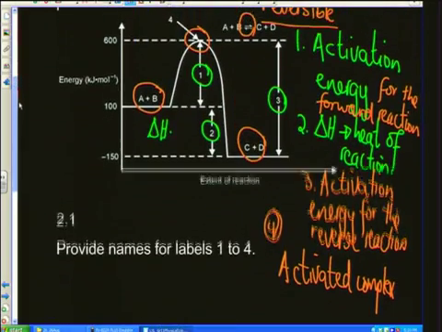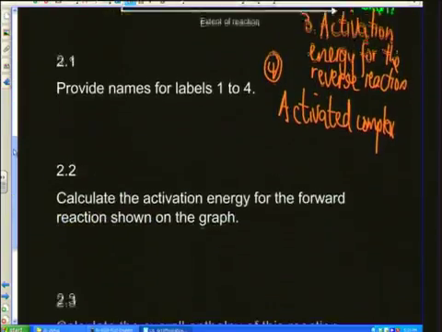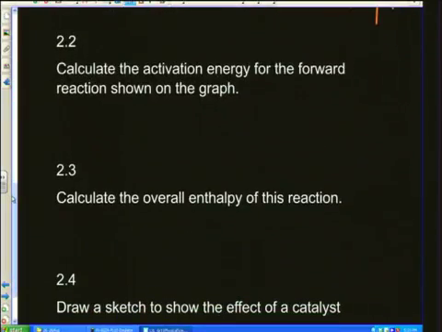Now look at it. Activation energy, reactants start from there, activated complex at 600. So the activation energy is equal to energy of the activated complex minus energy of the reactants.